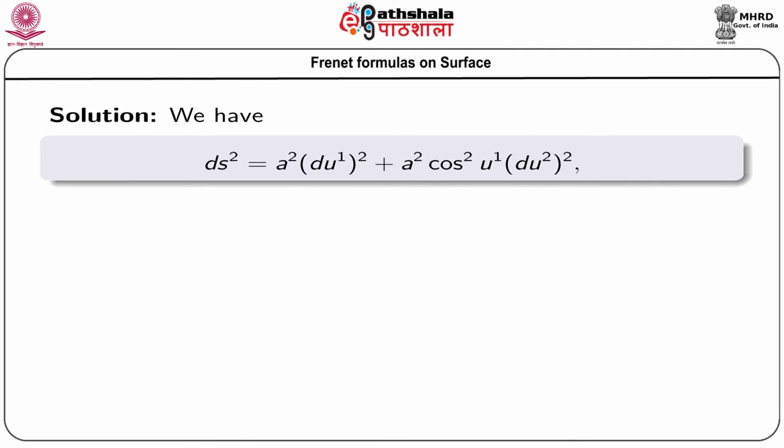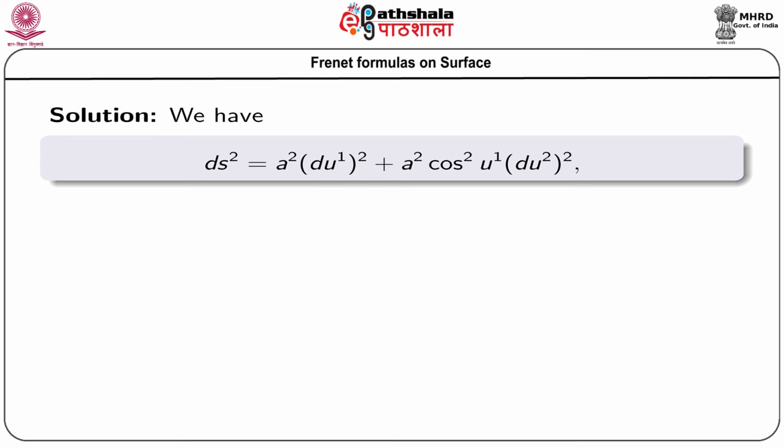Now, from the equation given above, we get the first fundamental form ds square equals a square du 1 square plus a square cos square u 1 du 2 square. We know how to find this first fundamental form from the previous chapter.